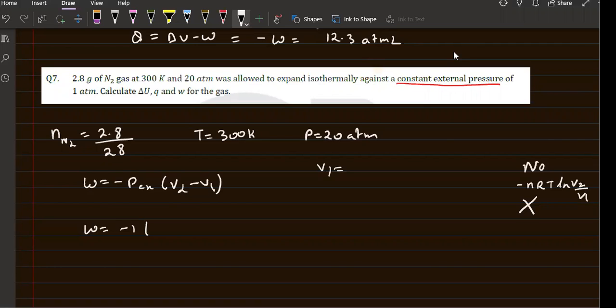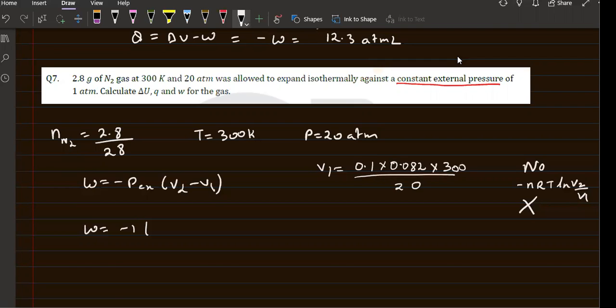V1 is equal to nRT by P. So n is 0.1, and R is 8.314, but here we have to use PV equals nRT with atm liter, so it won't be 8.314, it will be 0.0821. And then we have temperature as 300 Kelvin by pressure 20 atm.